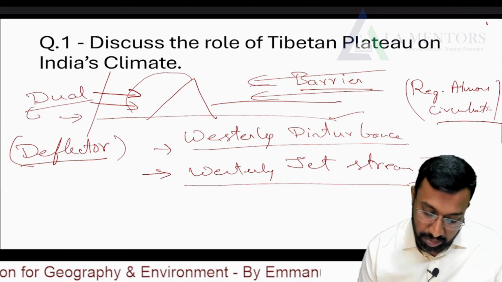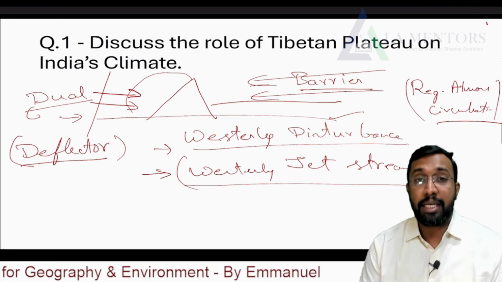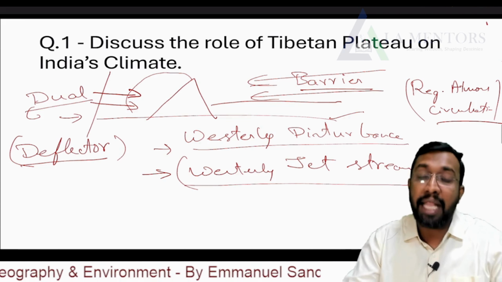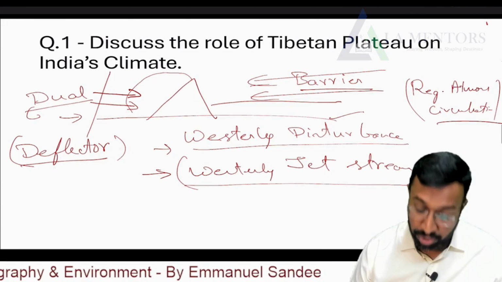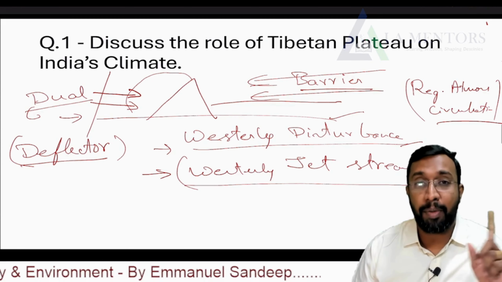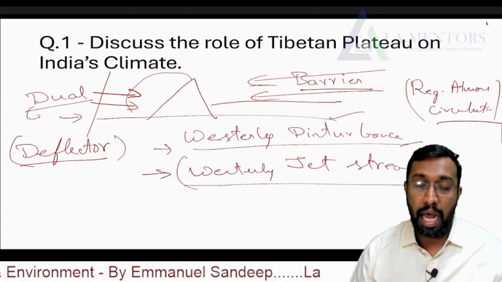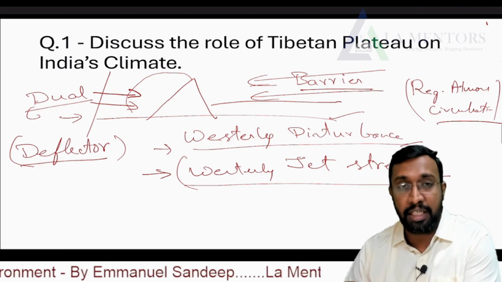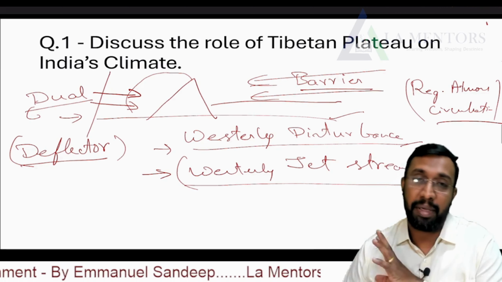So this movement of your westerly jet stream helps the onset and the withdrawal of monsoons. And the western disturbances which are coming from the Mediterranean waters are being impacted because of the kind of pressure systems which are prevailing along your Tibetan region.